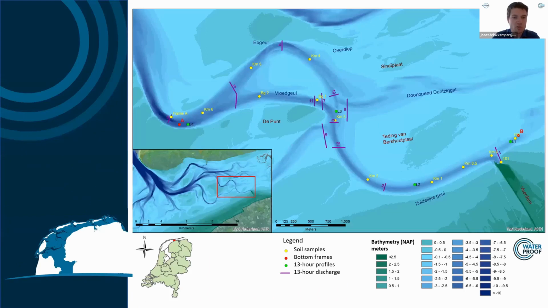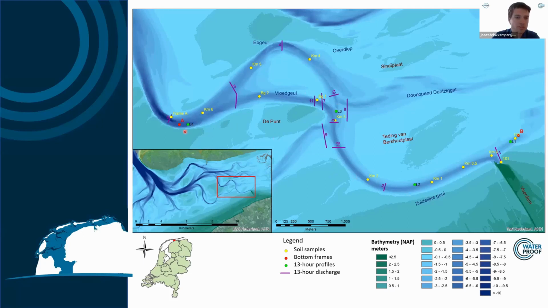You can see here an overview of all the activities that were part of this large campaign. So what you see, this is again the meander band that was dredged. So here you can see the shortcut in the navigational channel. In yellow, the locations indicate where soil samples were taken from the seabed.